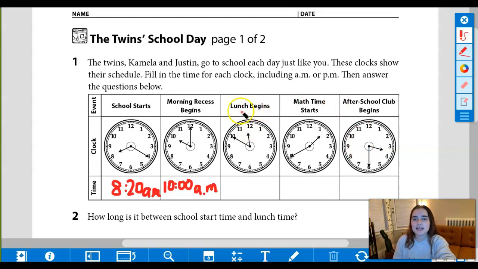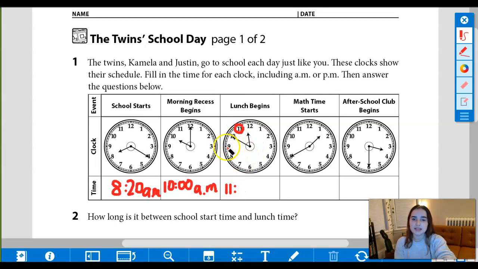This clock is asking when lunch begins. We have to take a look at the smaller hand first. This smaller hand is in between two numbers. But remember, if we're rotating clockwise, it has to be the number that came before because it hasn't reached 12 o'clock yet. So it is 11 and the large hand is pointing to the 10.